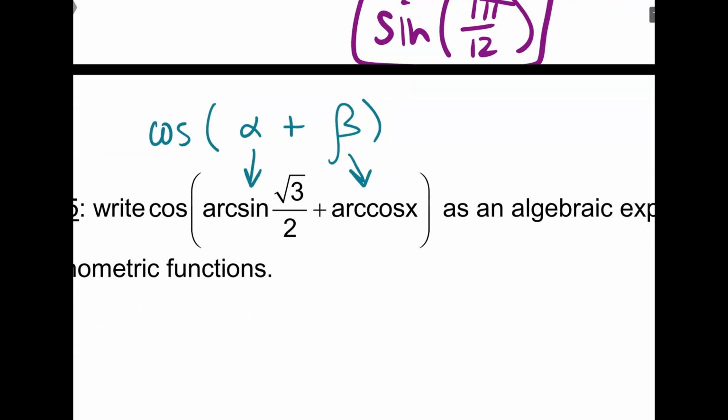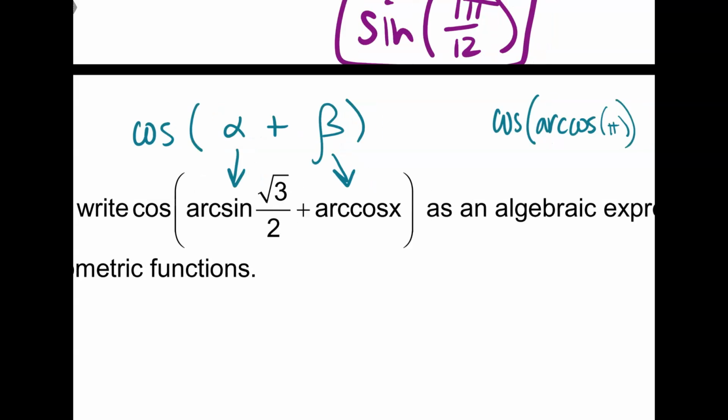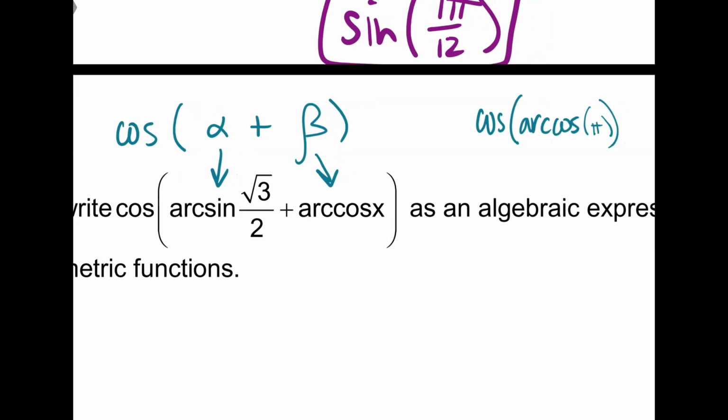And throw back to 4.6: if I had cosine of arc cosine of pi, what happens when I take cosine of arc cosine? Yeah, they cancel, and I'll just be left with pi. That's really all the review and prep you need, because you can solve this problem.